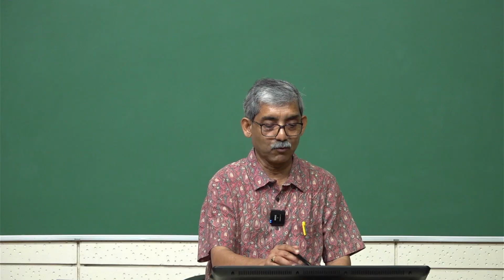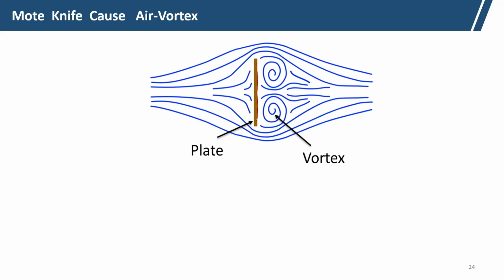So, this is the mote knife plate. Now, once the licker-in moves at high speed, the air passes through from the licker-in, and on the other side the air vortex is created. What happens? The air vortex tries to push the air back, and whatever fibers and trash particles are being eliminated, there is a possibility they can come back once again.